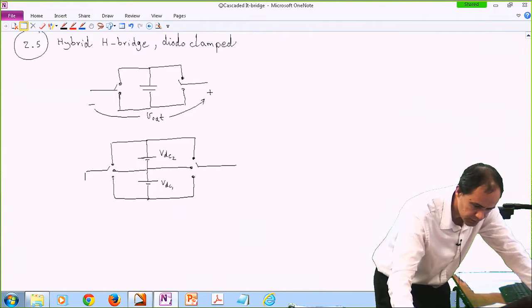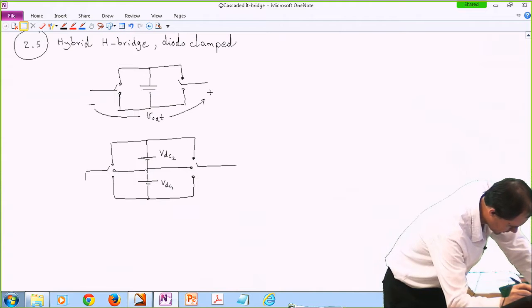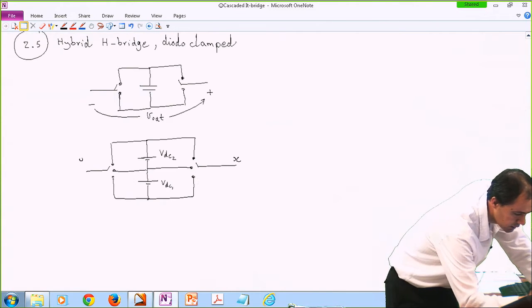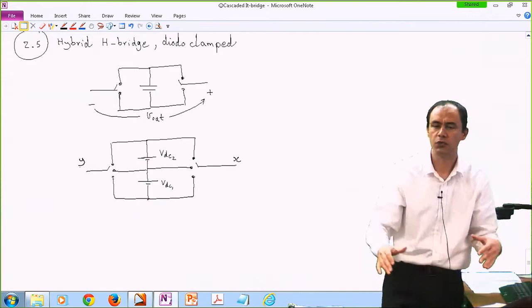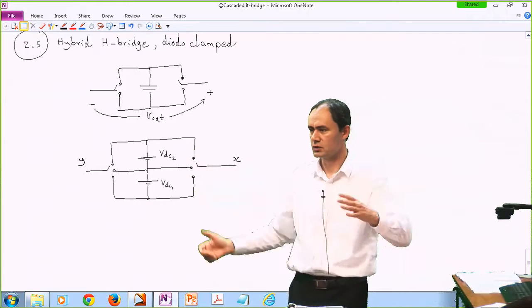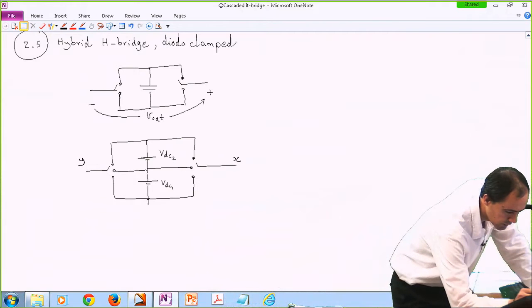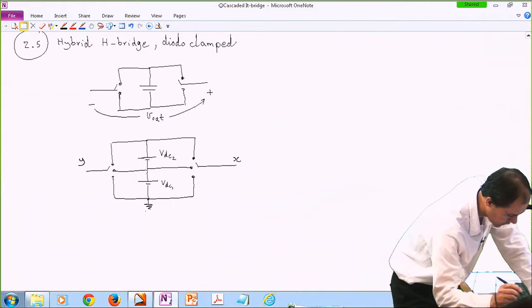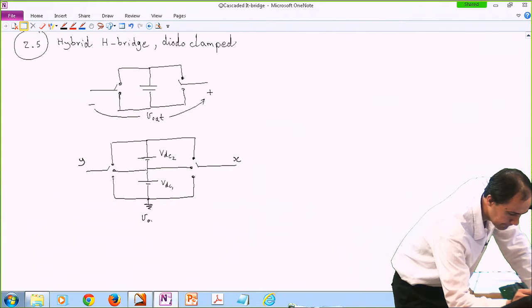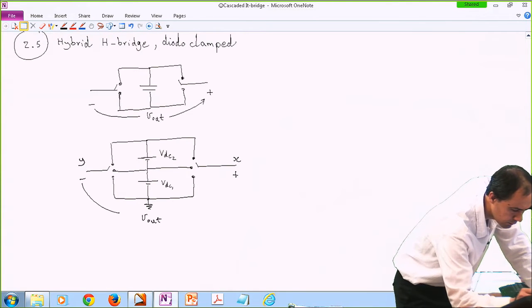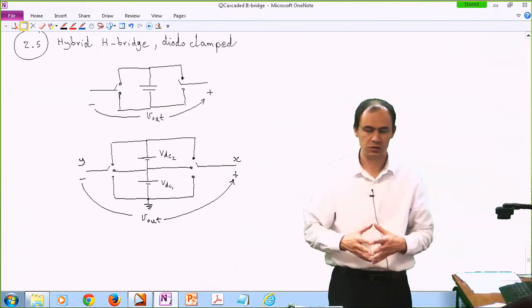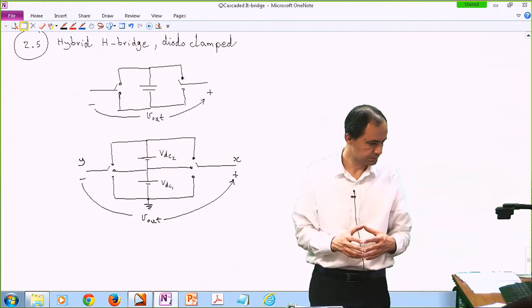In order to understand it better, I just call this node to be X. This is Y. Obviously my overall output voltage is Vx with respect to Vy, but let me just do a little bit of a grounding here as well, and we are going to see why. So this is my overall output voltage.